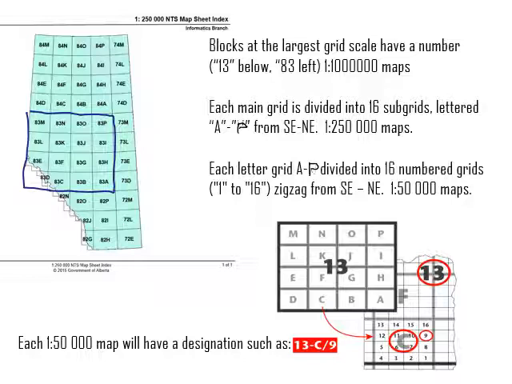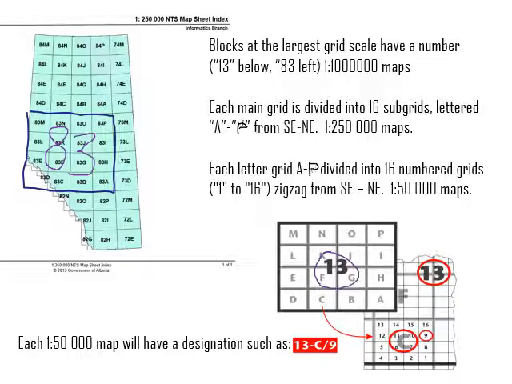So the blocks at the largest grid scale, the 1 to 1 million scale, as I indicated on the previous slide, are indicated by a number. So here's 83, and here is an example where the number is 13.